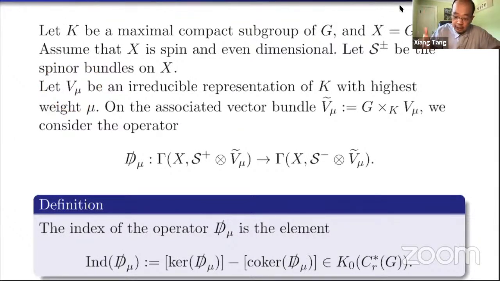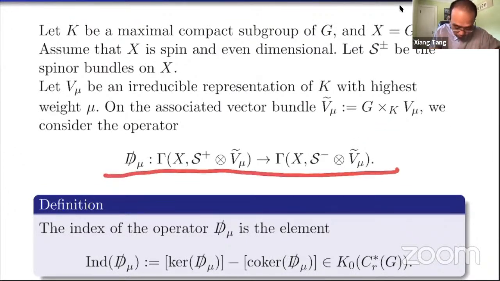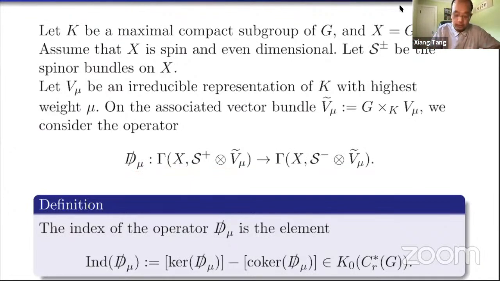This mu is the highest weight, like the n. Then we can again consider this bundle. Now it's not a line bundle, it's a vector bundle. And then we can also have this generalized operator. Here I use slash d sub mu to refer to the Dirac operator associated to the spinors, to the spin.